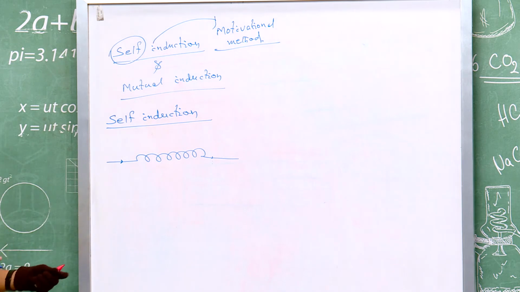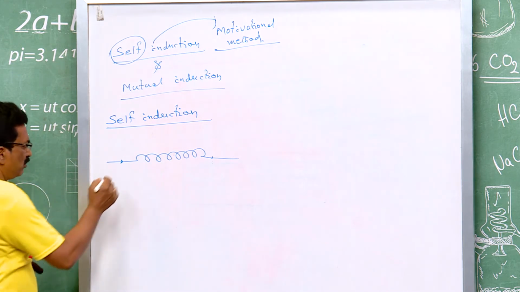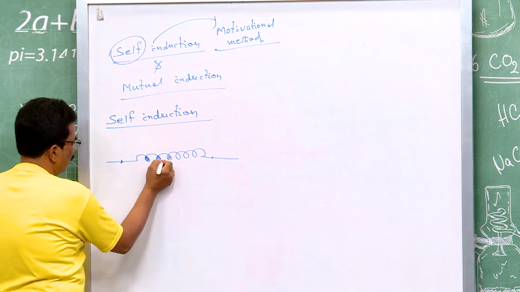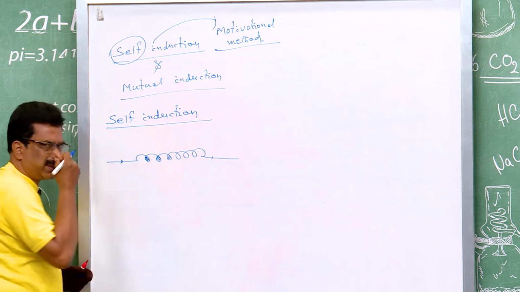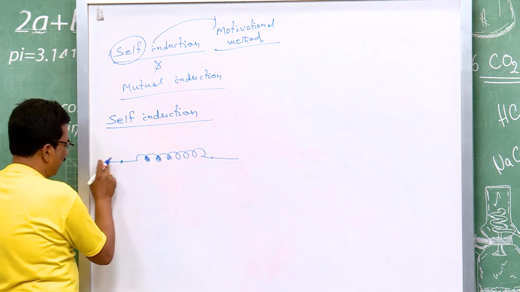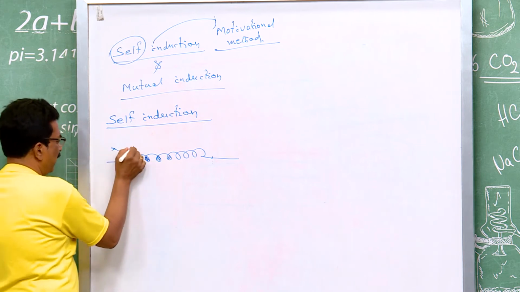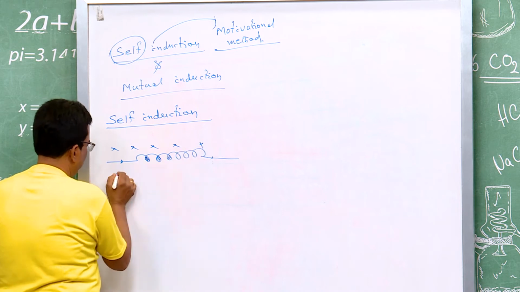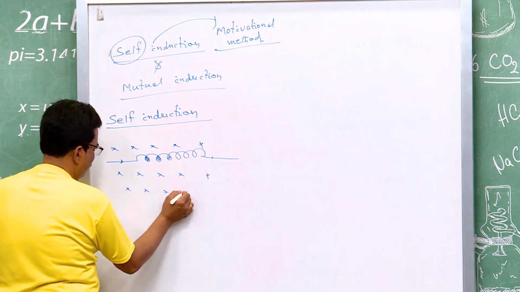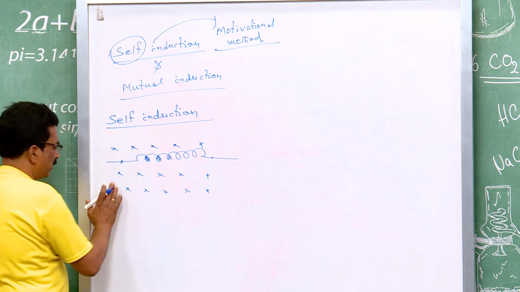So, we have taken a coil. It has a number of turns: 1, 2, 3, 4, 5, 6. So, 6 turns we have taken, and if it is placed in an inward field, there is no change.